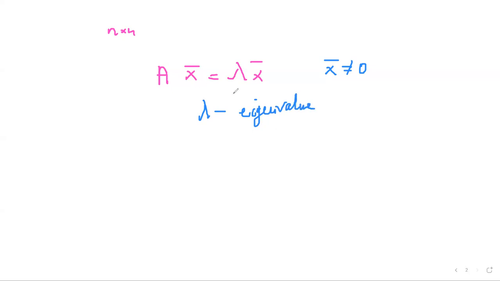And we also have corresponding associated eigenvectors. So the vectors which correspond or are associated to lambda, these vectors we call eigenvectors.